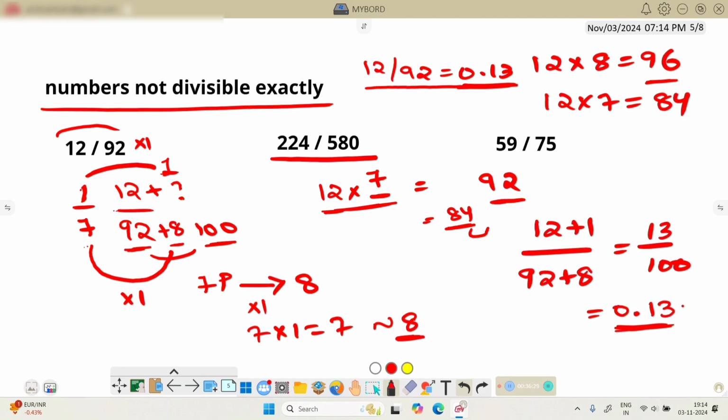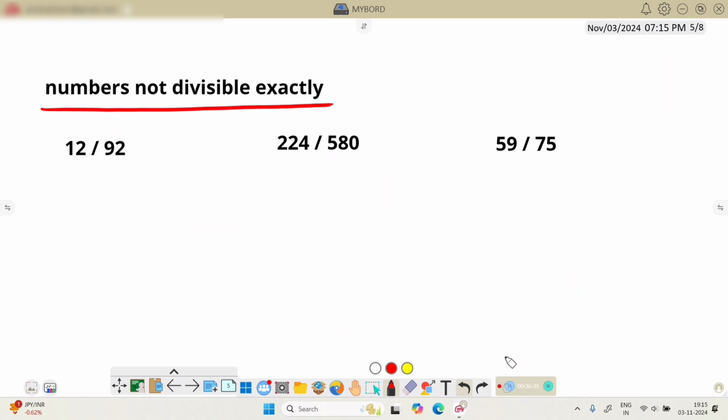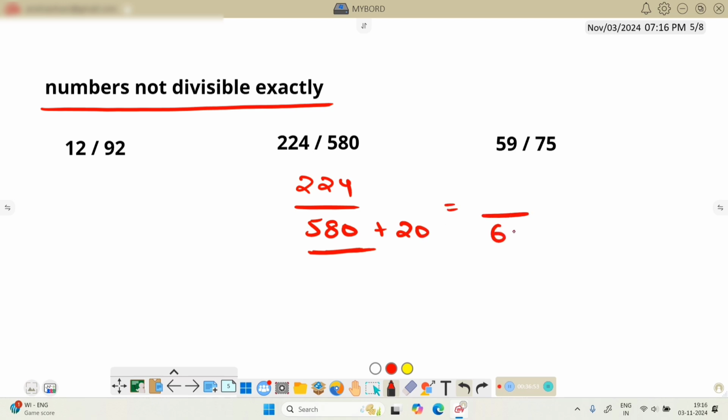Okay, and next we will do this sum also. You will get still more clarity on this trick. See here, the numbers they have given is 224 by 580. So here you should make the nearest number. If you multiply with 20, you will get the answer 600. Okay, so for base 600 you have to divide.